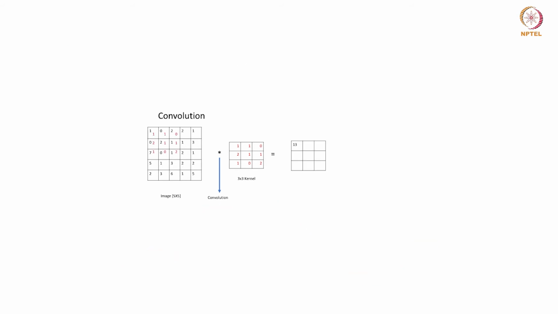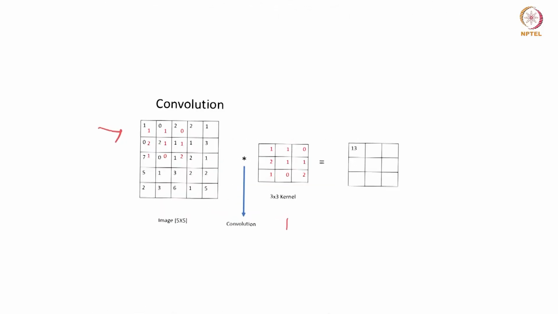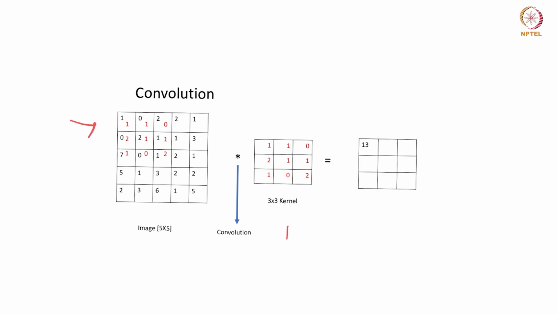So what you would do is superimpose this kernel on top of the image. Okay, and we zoom in, maybe it helps. You will superimpose this kernel on this image, and you would multiply corresponding elements. So it's 1 times 1.